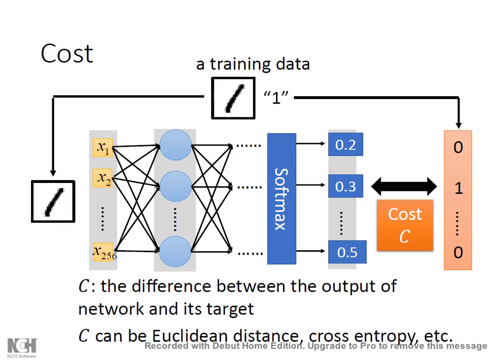So for this one, I should not use this because log 1 is 0, it's not good. So I should change it. Okay, so it should be like this. It's my fault.